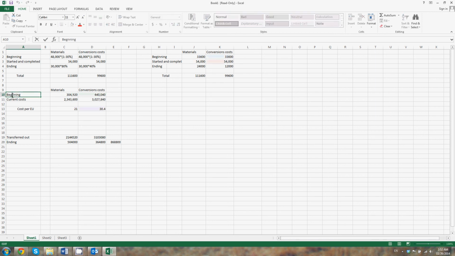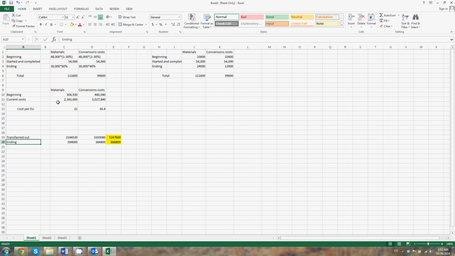Now, if we sum up these two numbers, we should get the total. This one is the final answer for transfer out, and this one is the final answer for ending.